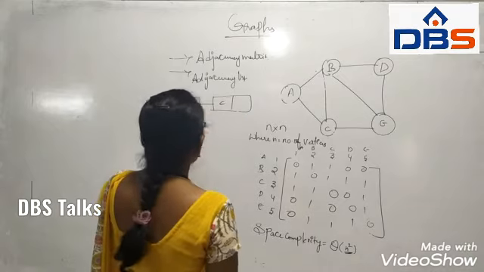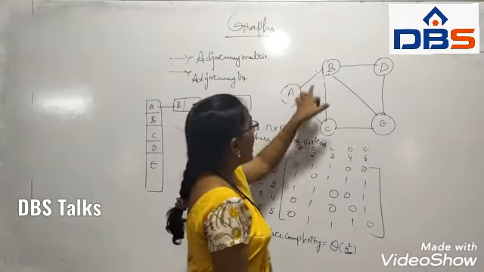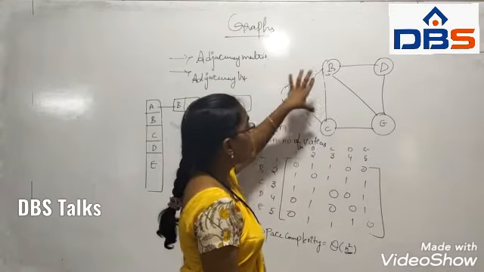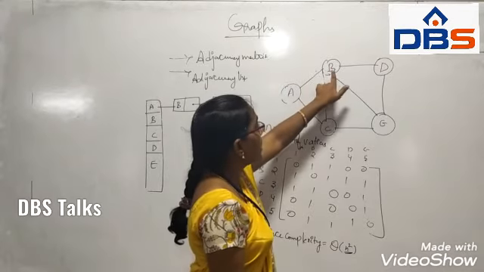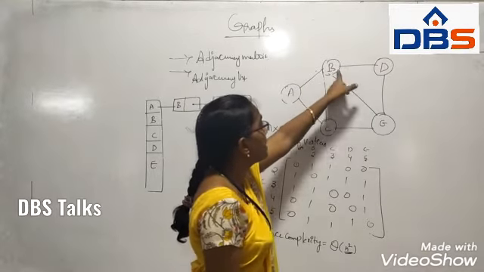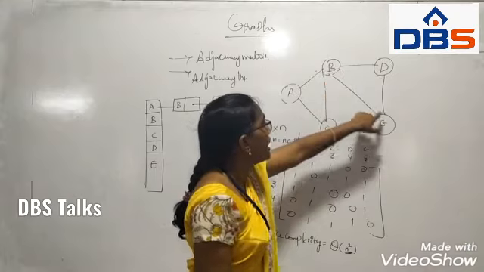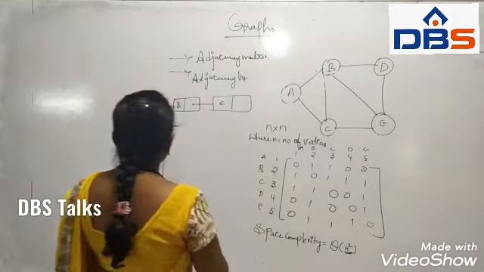Next. For A, A to B and A to C, only 2 nodes it has a link. Next for the node B, for how many nodes does it have a link?